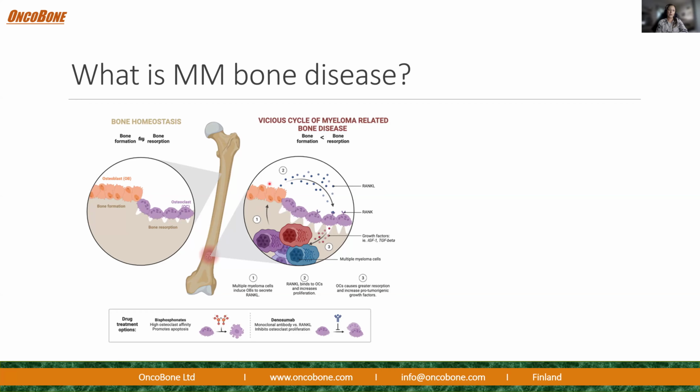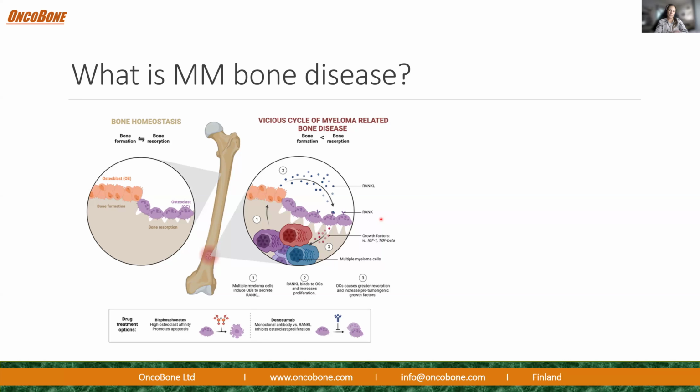The osteoblasts then produce actively or more a substance called RANK ligand. And this RANK ligand, it then binds to a RANK receptor, which is then located in the osteoclast bone resorbing cells. And this RANK-RANKL pathway is actually one of the most commonly acknowledged and the strongest activator of bone resorption.